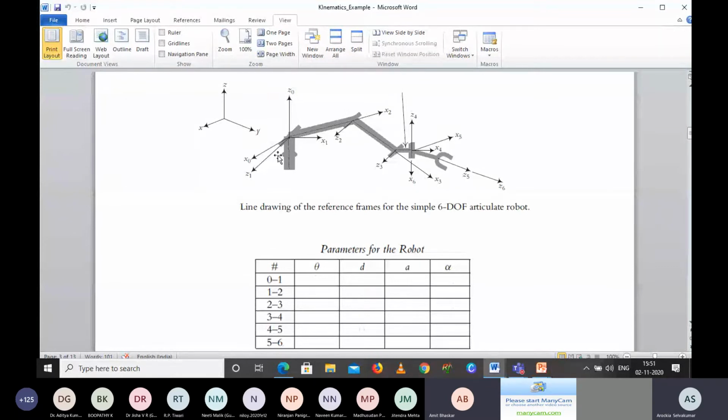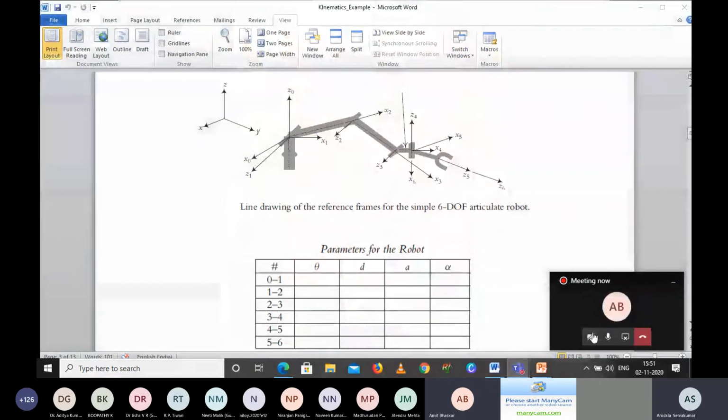So that common normal is nothing but x2. So that distance is A2. So you won't have parameter of D, you will have a parameter of A2. I am repeating again, sir: Z1 and Z2, the common normal is x2 axis, and the distance from here to here is A2.